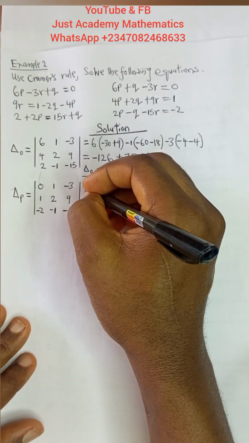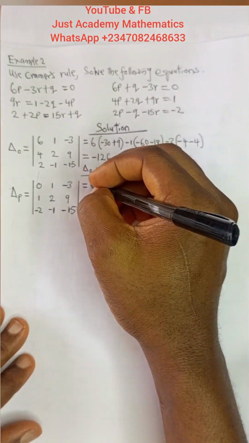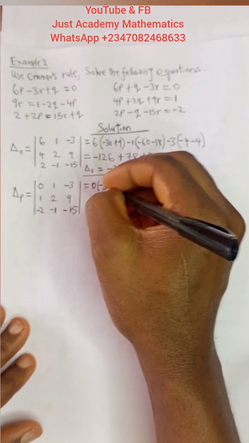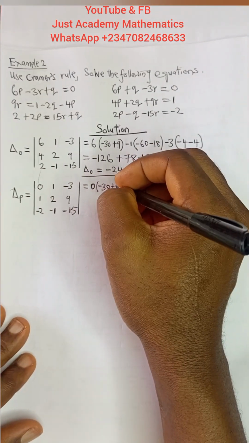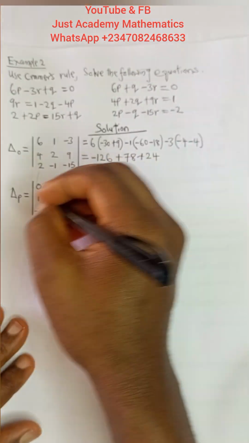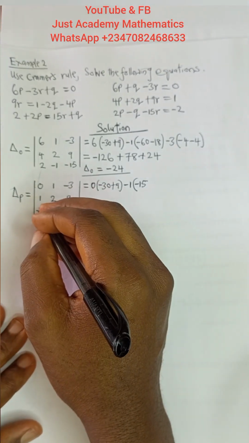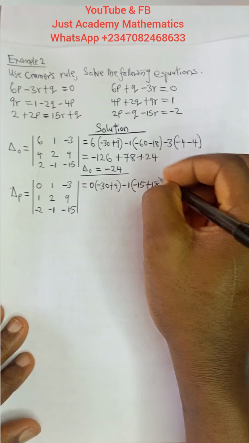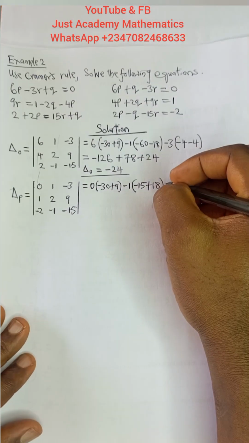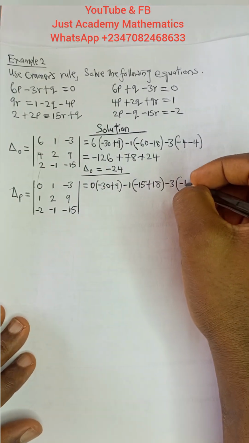So we'll find this determinant in order to get change in P. This is equal to, we'll go again, 0 times anything will give you 0. But let's just write it out for writing's sake. So 0 will times what? Minus 30 plus 9. Plus minus, so we have minus 1 times out. We have minus 15. This time this is minus 18, times minus, plus 18. Are you there? Then we have plus, minus, plus. Minus 3 will times what? Out. We have minus 1.